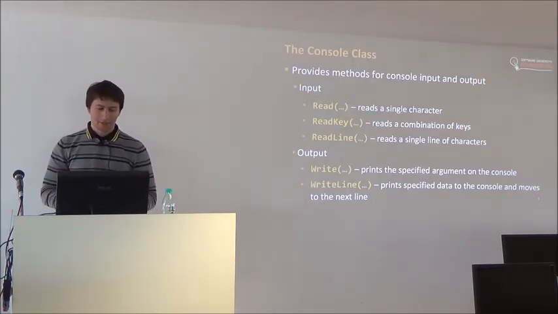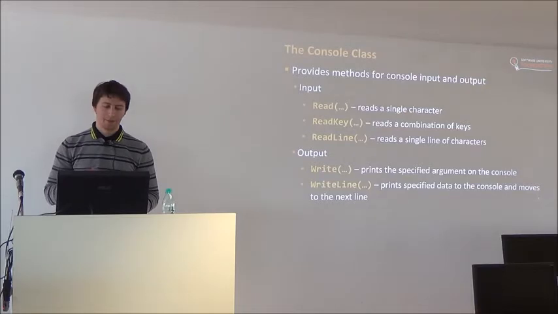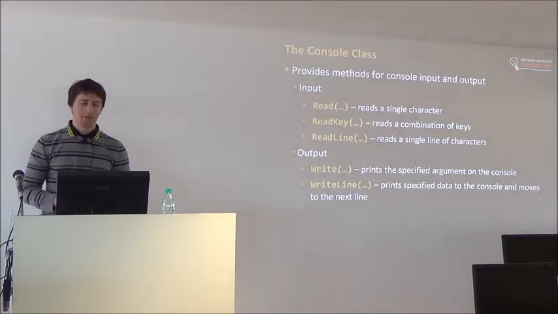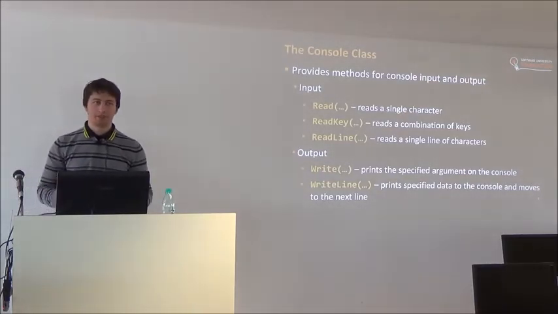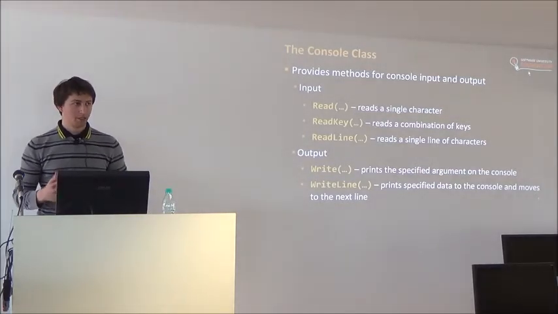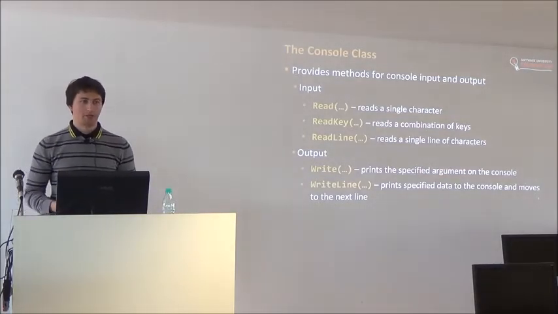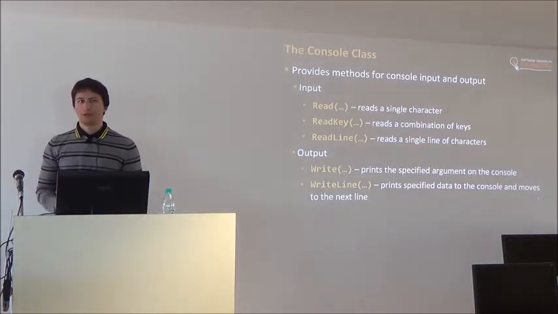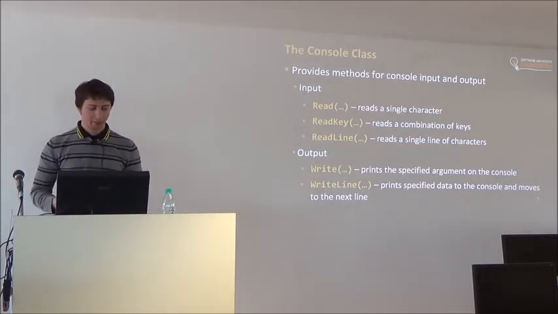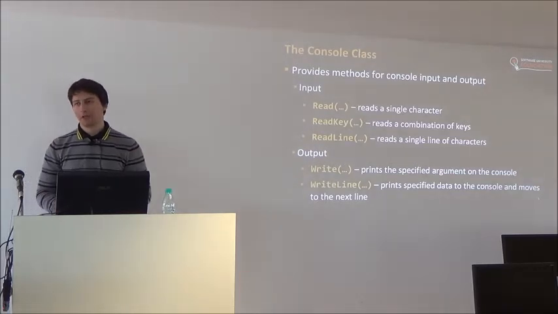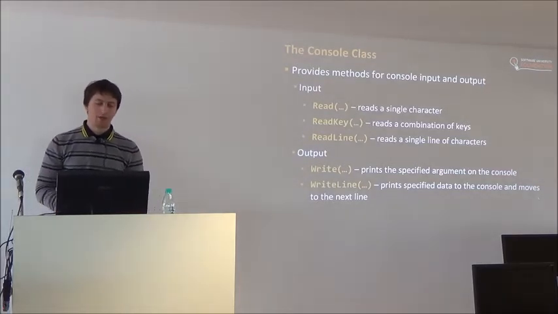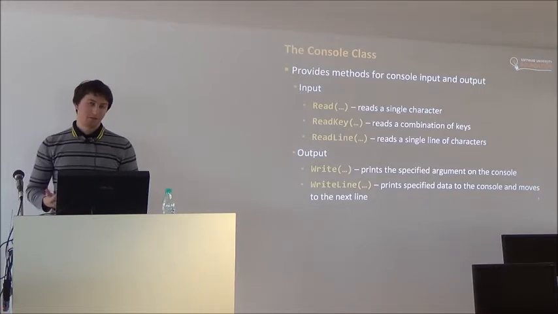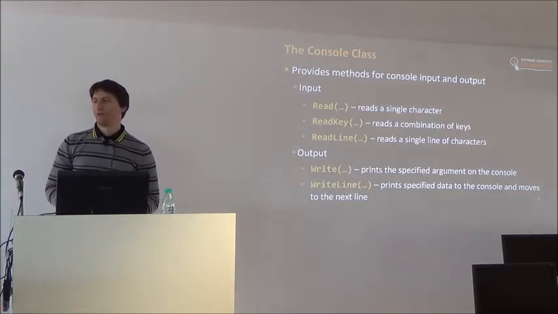So it's kind of tricky, you should see that. ReadKey reads a combination of keys. For example, if I press the Control key, it's an input key, not part of the alphabet, not a character. If I press Control or Escape or some other key on the keyboard, I can track that with the ReadKey command. Also ReadLine, it's probably the only one that you've been using so far.